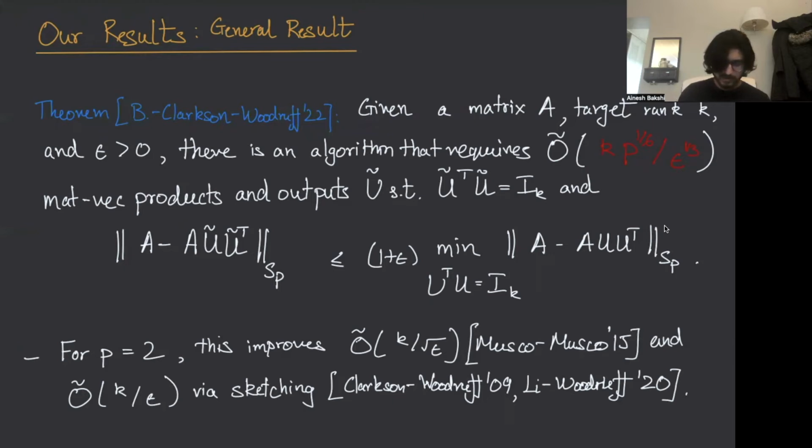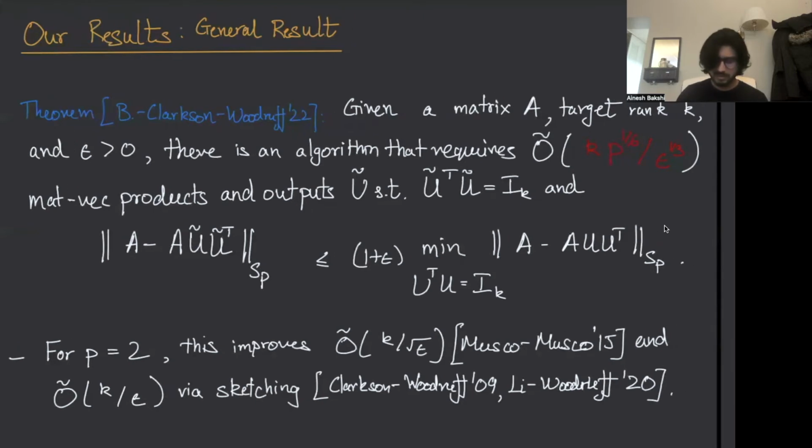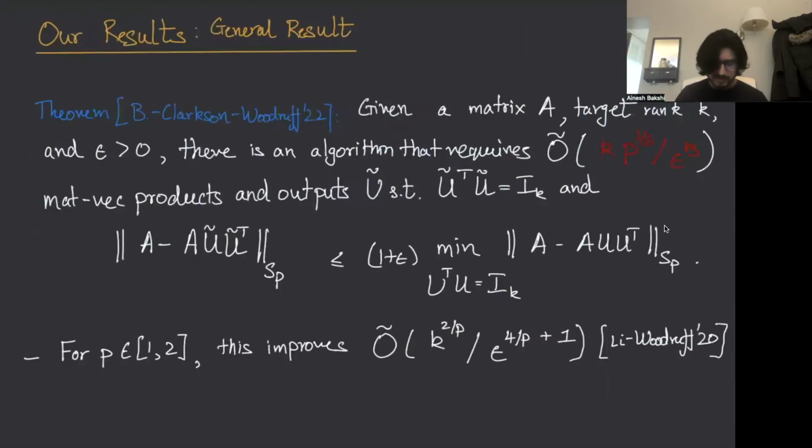To compare this with prior work, for p equals 2, this improves the k over square root epsilon algorithm obtained by Musco and Musco, and the k over epsilon algorithm that one could obtain using sketching. In the regime where p is between 1 and 2, there was only a sketching-based algorithm known before, which is polynomially worse in both k and epsilon.